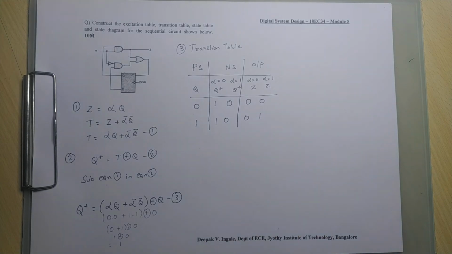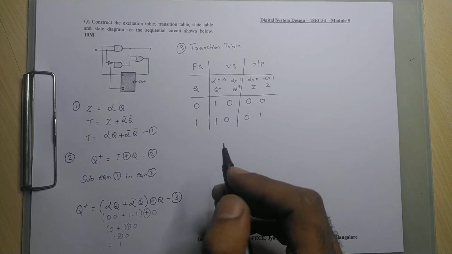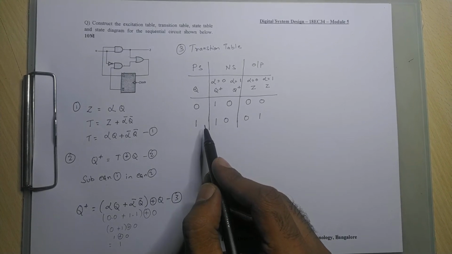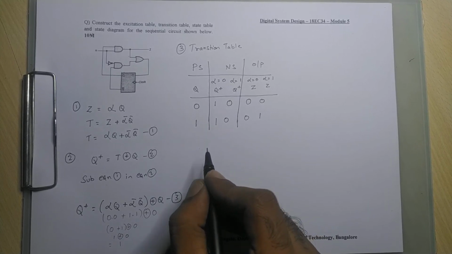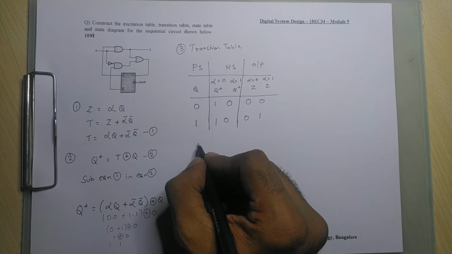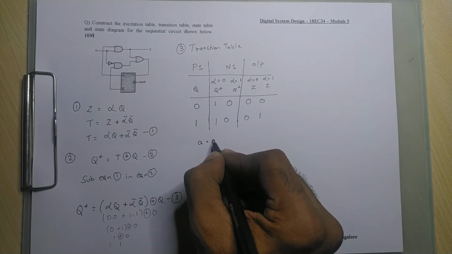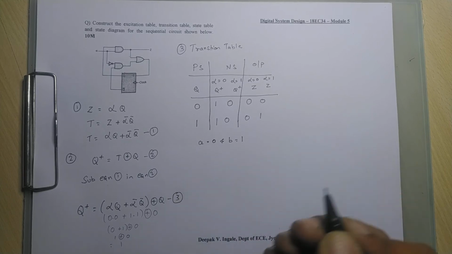Now we have only one flip-flop and two possible states, that is 0 and 1. Now I will associate state A for 0 and state B for 1.